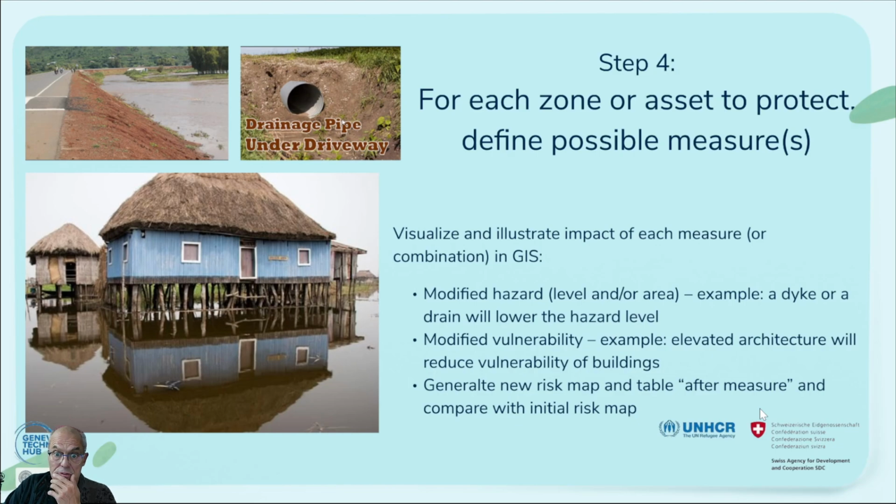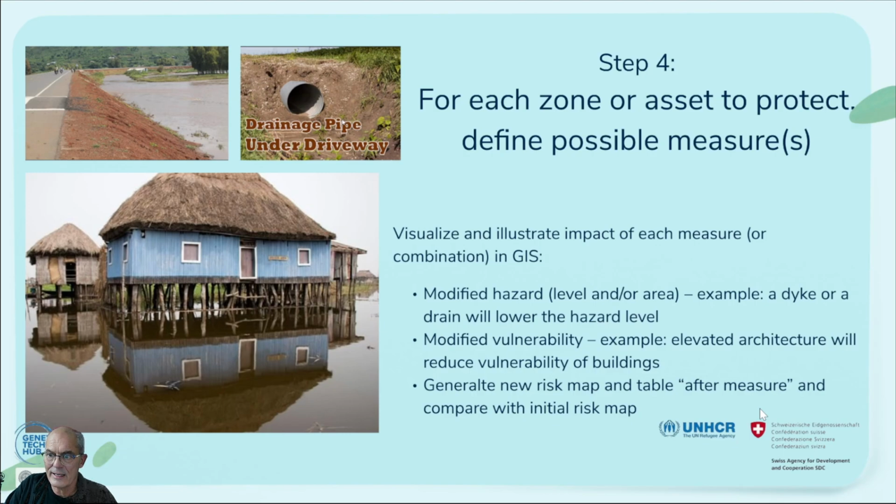And here are just a few examples of mitigation measures. We see a shelter which is elevated. We see a road which is actually acting as a dam, so you need drainage. Every time you develop a mitigation measure, you should reflect this mitigation measure in your GIS again, run the workflow again, and see if the flood-prone area decreases or changes, of course.